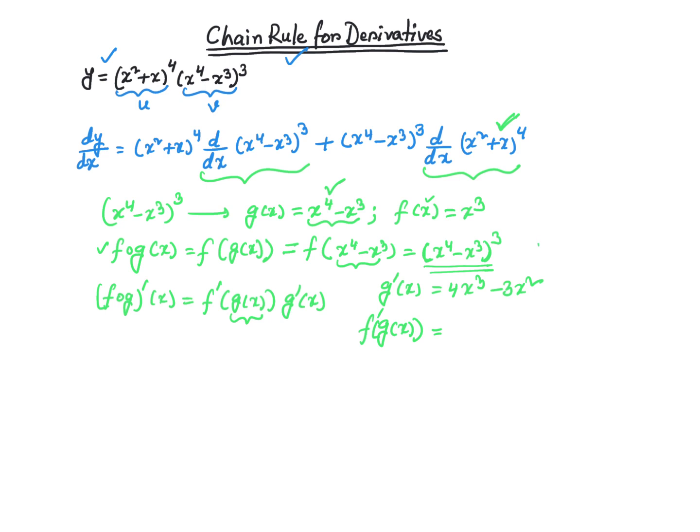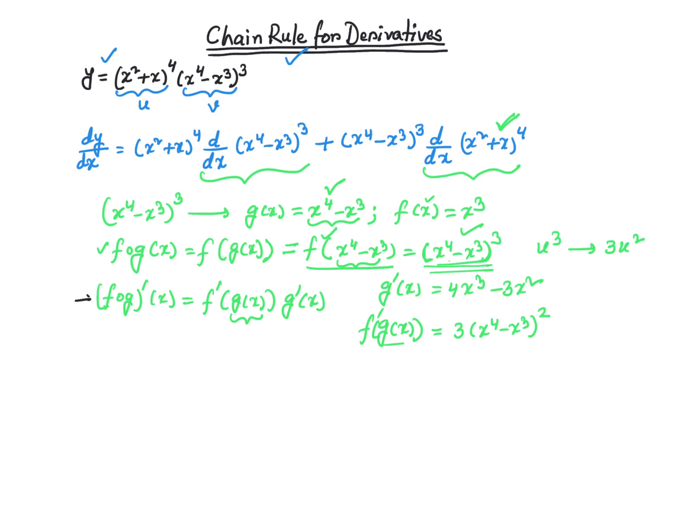If it were u, it's going to be u cubed, and the derivative of that is 3u squared, 3 times u to the power 3 minus 1, which is 2. In exactly the same way, f prime of g of x is going to be, treating this as one thing and using the power rule, 3 times (x to the power 4 minus x cubed) raised to the power 3 minus 1, which is 2.